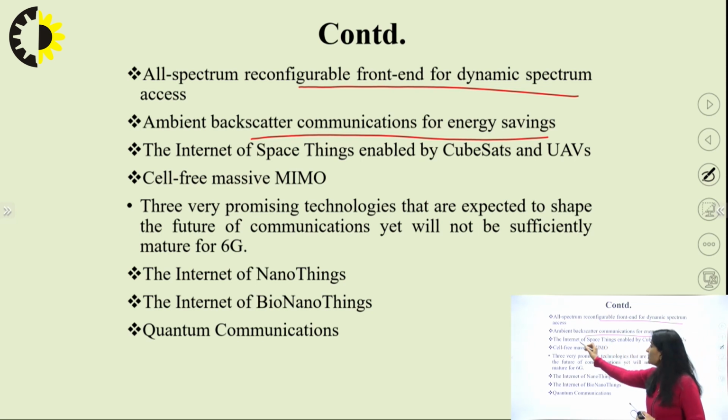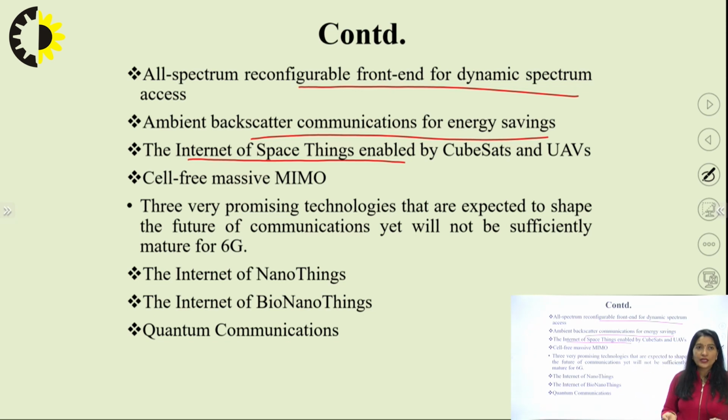There is a new thing which is also expected. Now we are talking about Internet of Things, but in 6th generation we are talking about Internet of Space Things, which will be enabled with the help of CubeSats, which are of very small size. So launching those satellites, we can have the flavor of Internet of Space Things.